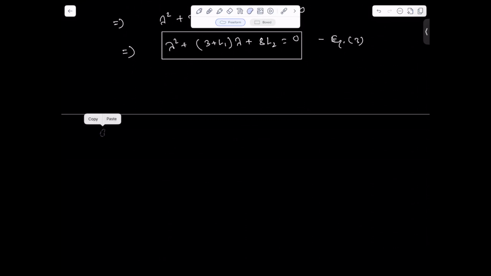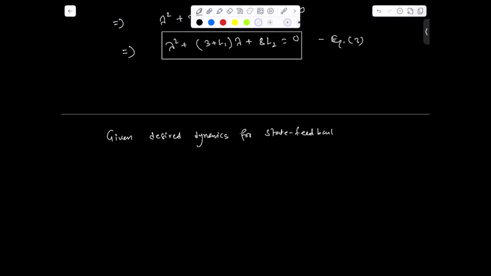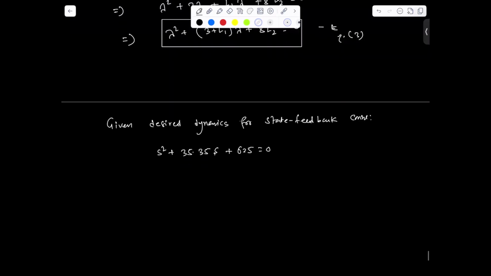So given desired dynamics for state feedback control, we are having s squared plus 35.35 s plus 625 equal to 0.